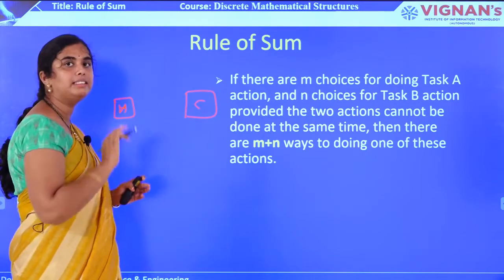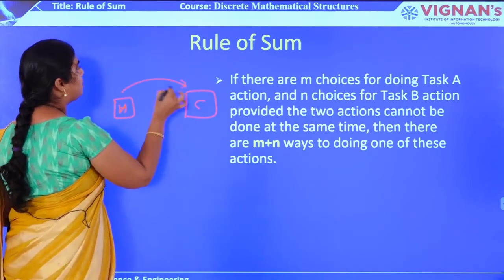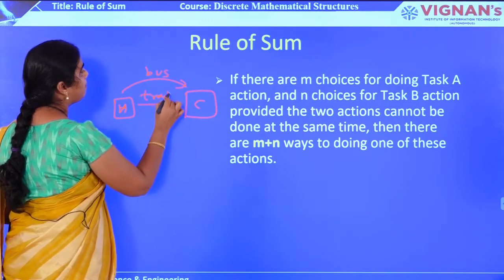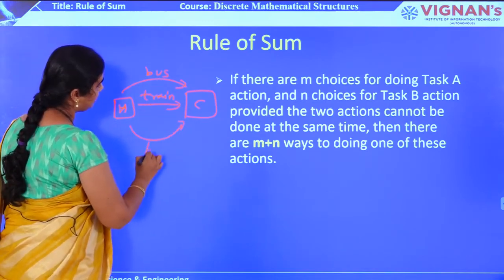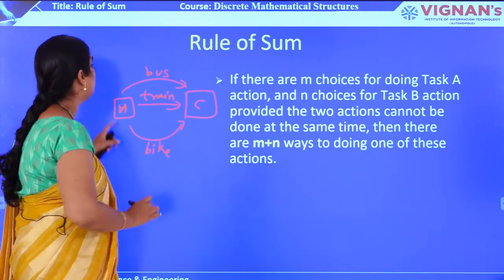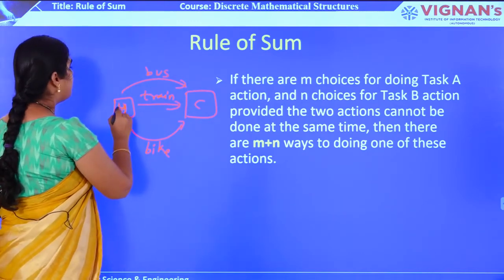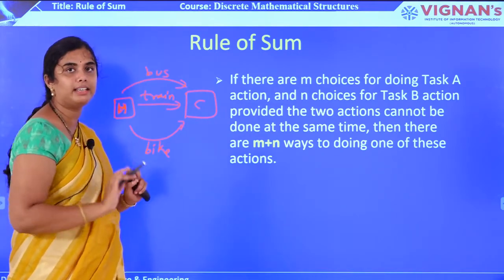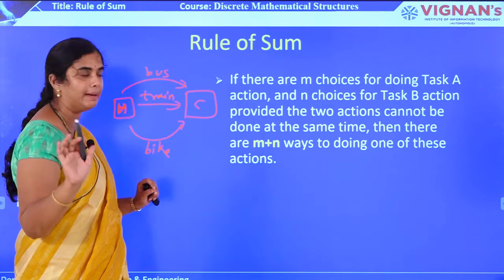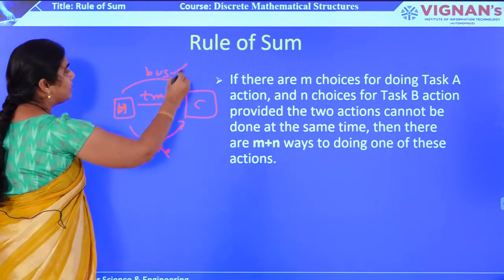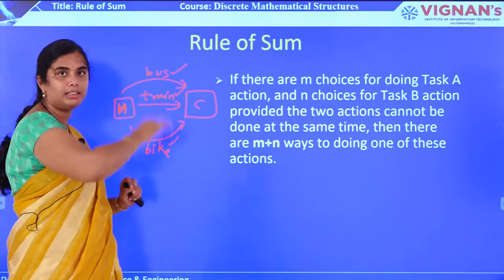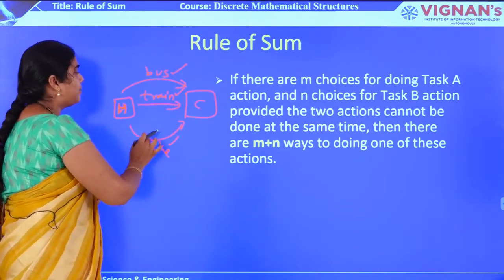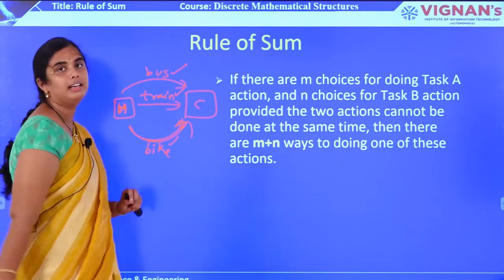See the example. Now you are coming from your home to your college. You can travel from your home to college either by bus or by train or by bike. These are the three ways in which you can travel. But can you travel simultaneously? Like you start at your home at 8:30 and you need to reach your college by 9 a.m. You should opt for either of these three methods, but you cannot opt for all three.